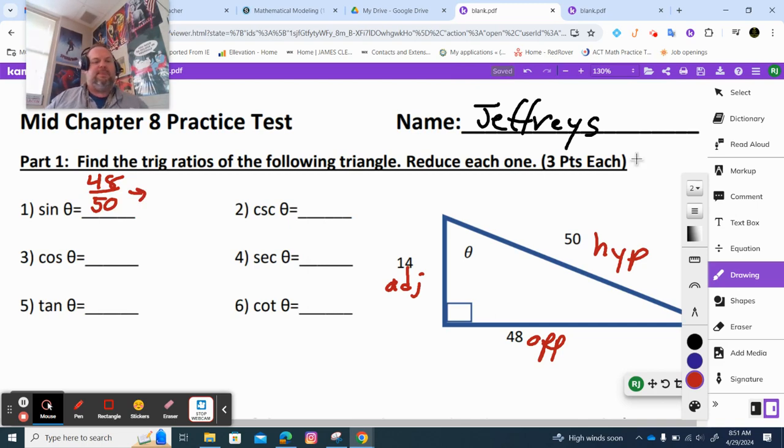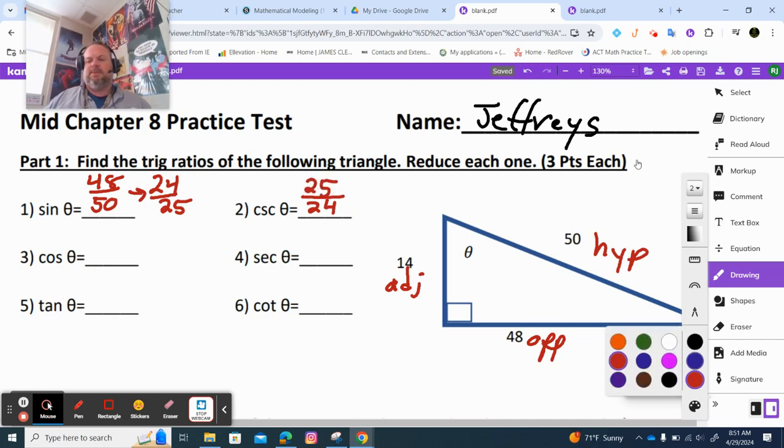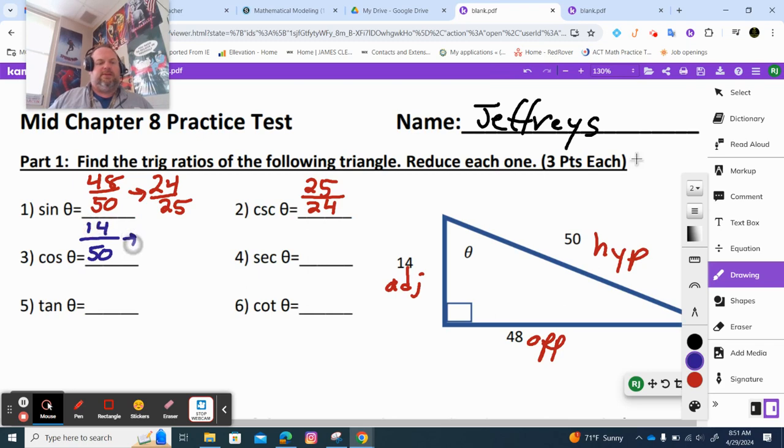And then the flipped version of that. This would be 14 over 50, which would be 7 over 25.